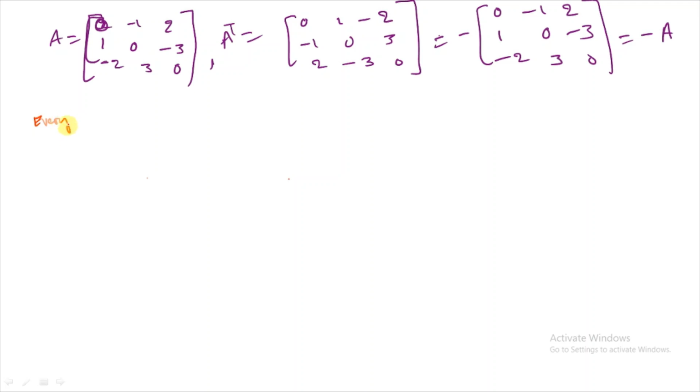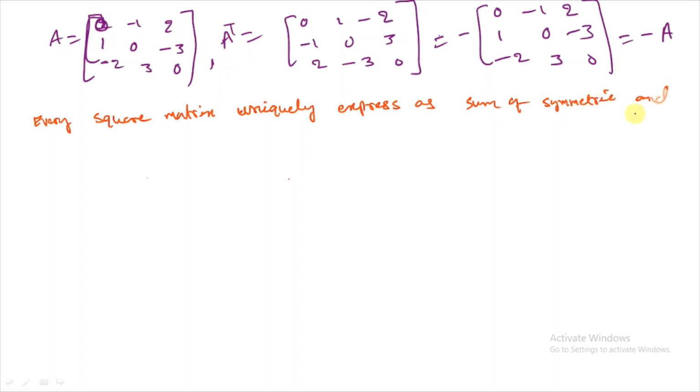Theorem: every square matrix, already you know this one, every square matrix can be uniquely expressed as a sum of symmetric and skew-symmetric matrices.